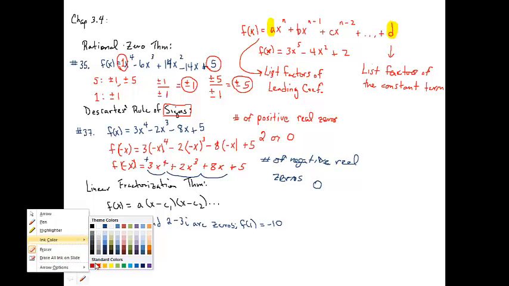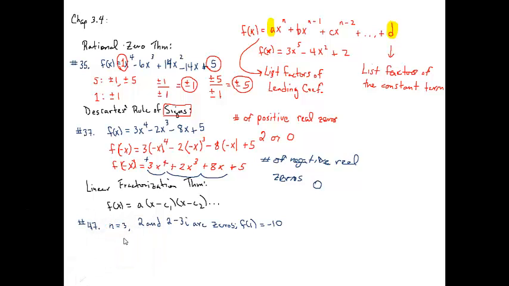Now, the last one is the linear factorization theorem. For a long time, we have always talked about finding the zeros or the x-intercepts or the roots of a polynomial, right? In reality, this is how it's written. f of x is written in the following form. f of x equals a, where a is a constant, times parentheses x minus c, times parentheses x minus c2, and etc. It goes on forever.